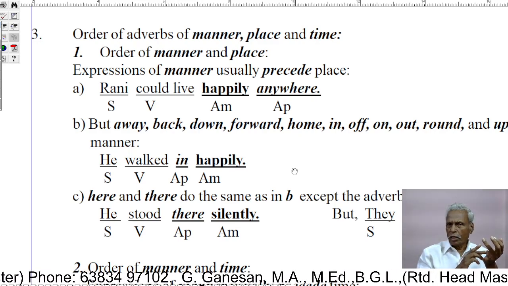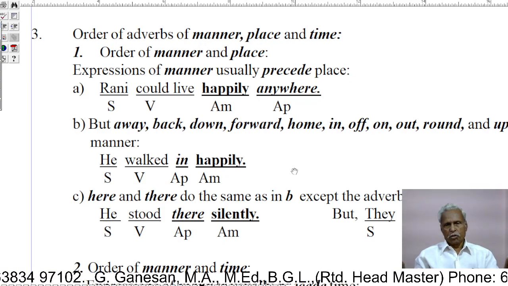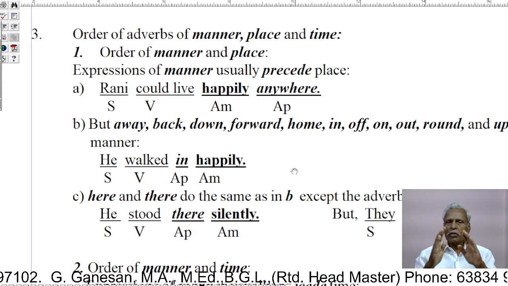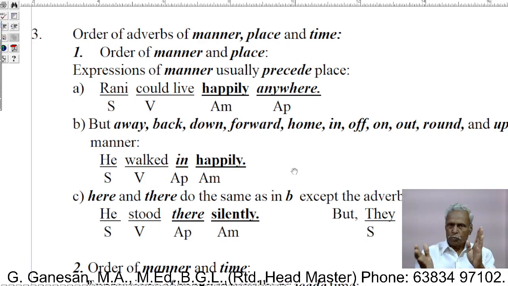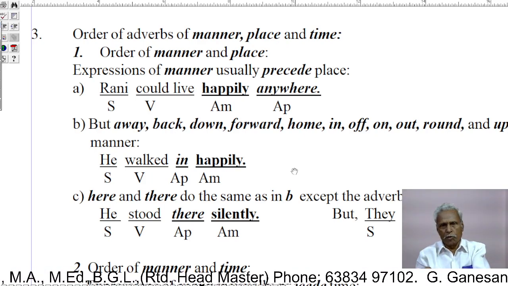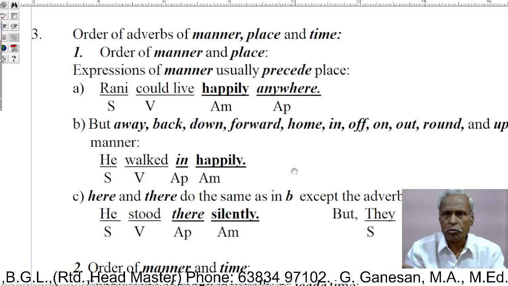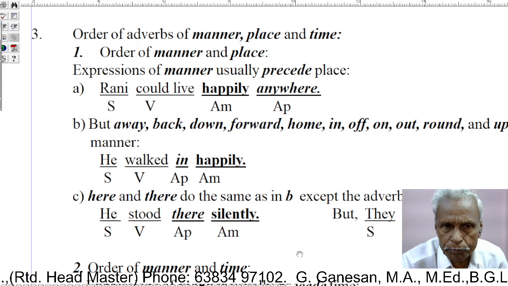Happily is the adverb of manner. Anywhere is the adverb of place. So when manner and place come, the adverb of manner should be placed first, and the adverb of place should be placed next to the adverb of manner.